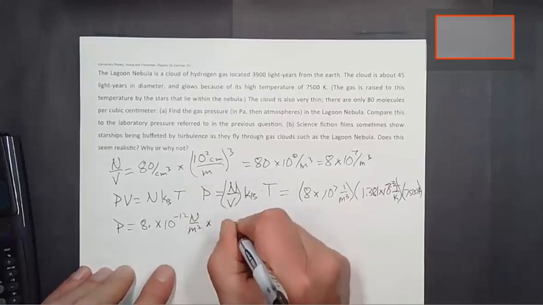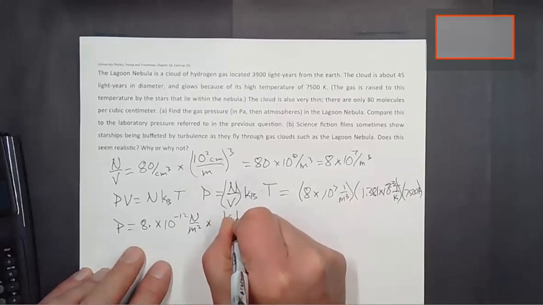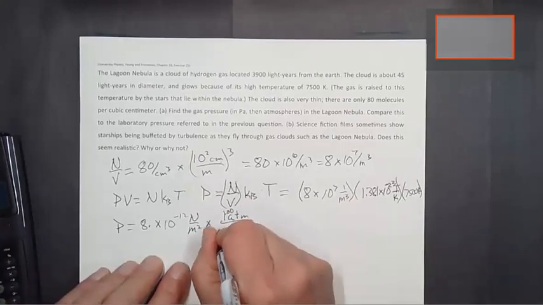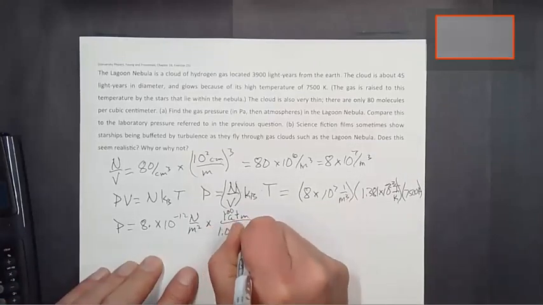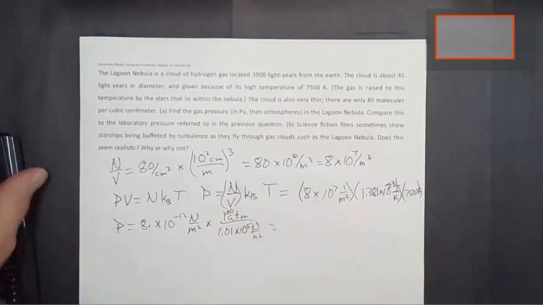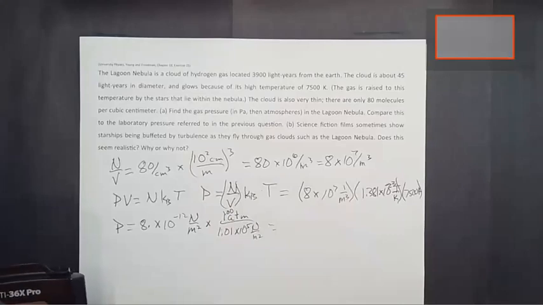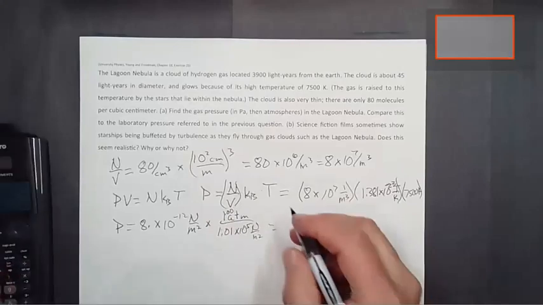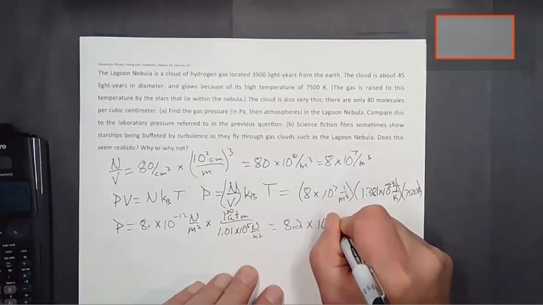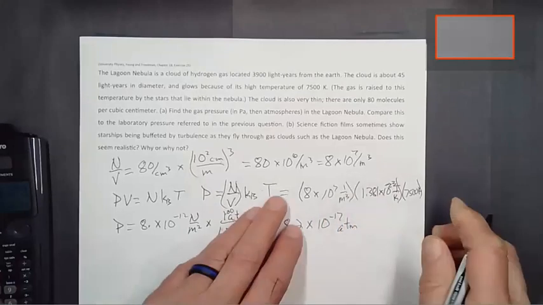So I'll multiply that by 1 atmosphere, 1.00 atmospheres, although we're not going to have that many significant figures, for 1.01 times 10 to the 5th newtons per square meter. And this is going to be a really small number of atmospheres here. Yeah, 8.2 times 10 to the minus 17th atmospheres.